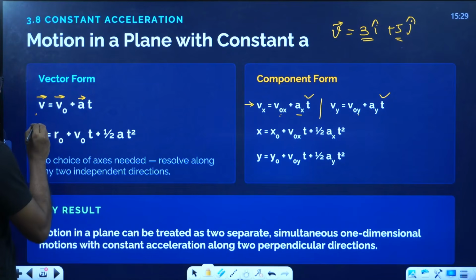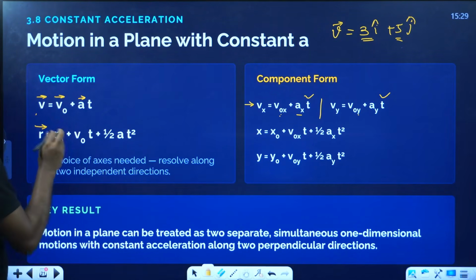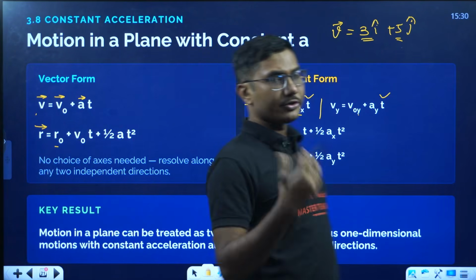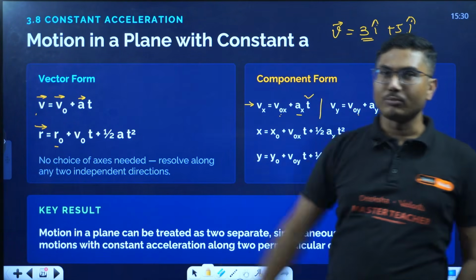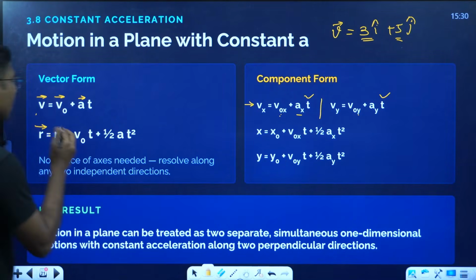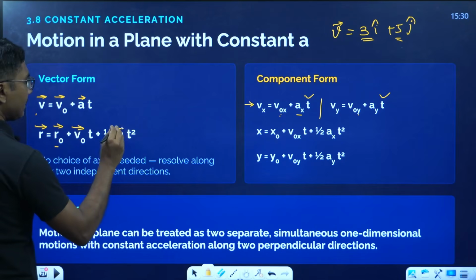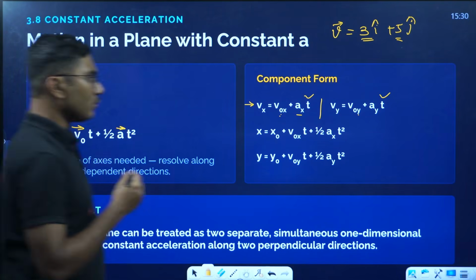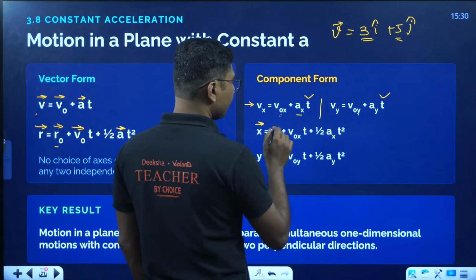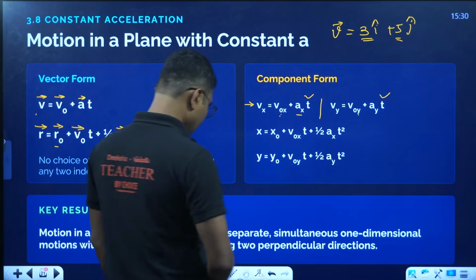And in terms of position, one extra term that comes is r naught, assuming that the particle is not starting from the origin, but is already at some position and starts from there. That's why we are adding the initial position of the particle. This is the velocity term, this is half at square. Same goes for x here as well. x equals x naught, plus the rest; let's not write vectors, just the x component.